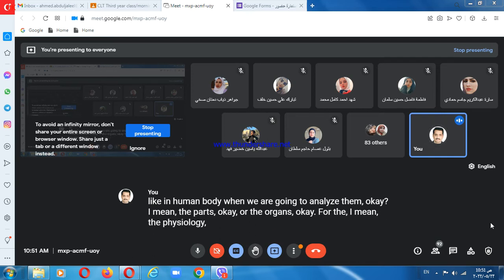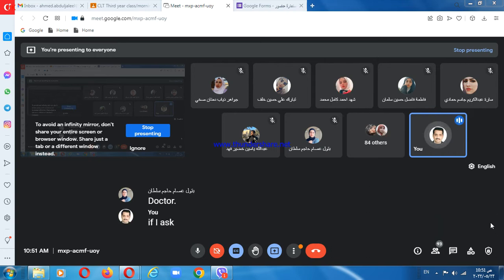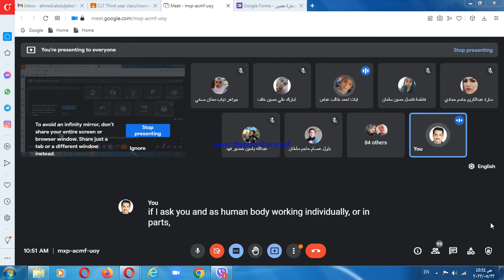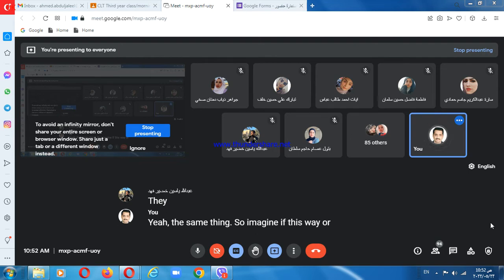This is for cases of study. But if I ask you, is the human body working individually, or in parts, or all together? Of course not. The organs are working together. The same thing here. So imagine it this way, or consider it this way.